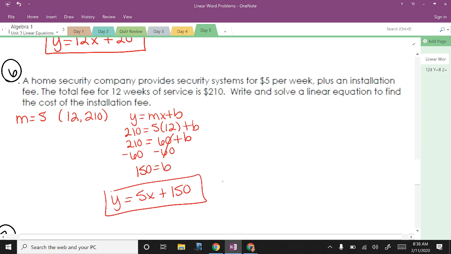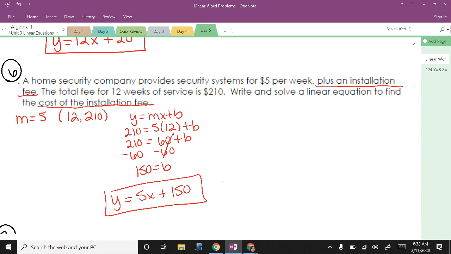Raise your hand if you got there so far. Very good. Now, it said it was $5 per week plus an installation fee, right? The total fee for 12 weeks of service is $210. Write and solve a linear equation to find the cost of the installation fee. So what is the answer?